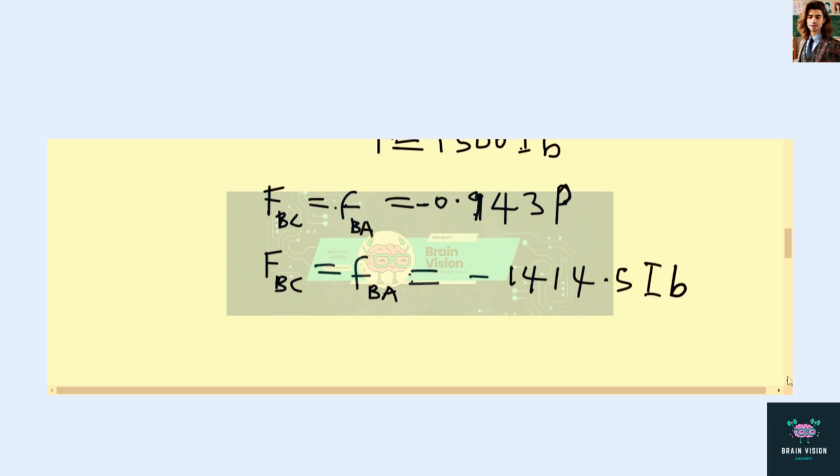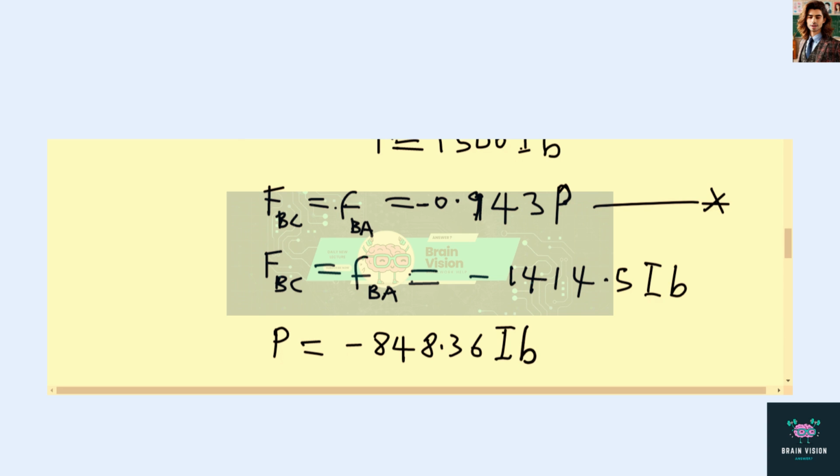So what we will do, we'll apply our 800 into this equation. If we apply 800 here, we can have our P. We will have P to be equal to minus 848.36 lb.